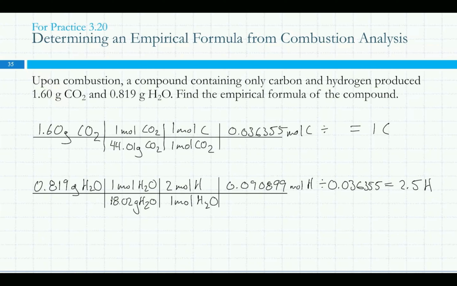Can't have half a hydrogen. So we've got to multiply these both by 2. So this is C2H5. Unless I made a mistake.